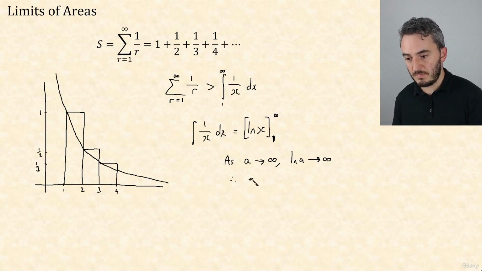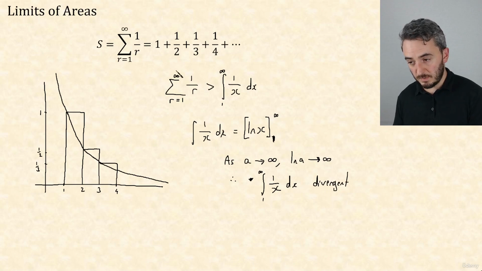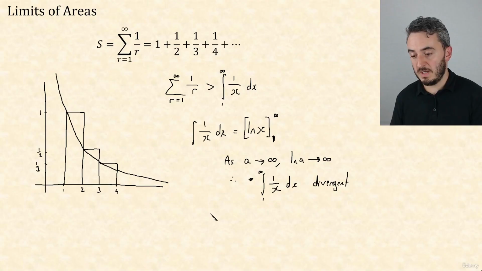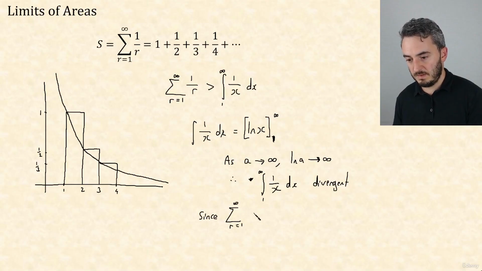Therefore, the integral of 1 over x dx from 1 to infinity is divergent. Now, if a sequence is bigger than something which is essentially infinite, then the sequence must be infinite. So we can say that since this here is bigger than that, it means that this sequence is divergent.